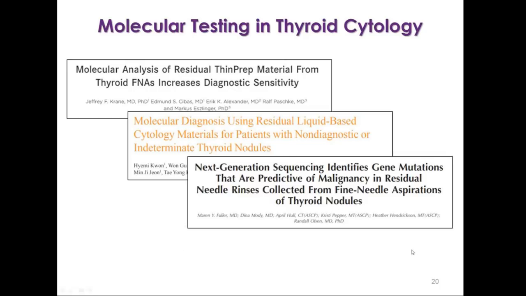Basically, these residual fluids are discarded after the diagnosis is made. So if we are able to repurpose the residual liquid-based cytology and provide molecular information that will supplement our diagnosis, then that's a really great way of making sure that we are providing a more comprehensive diagnosis and helping with patient management.